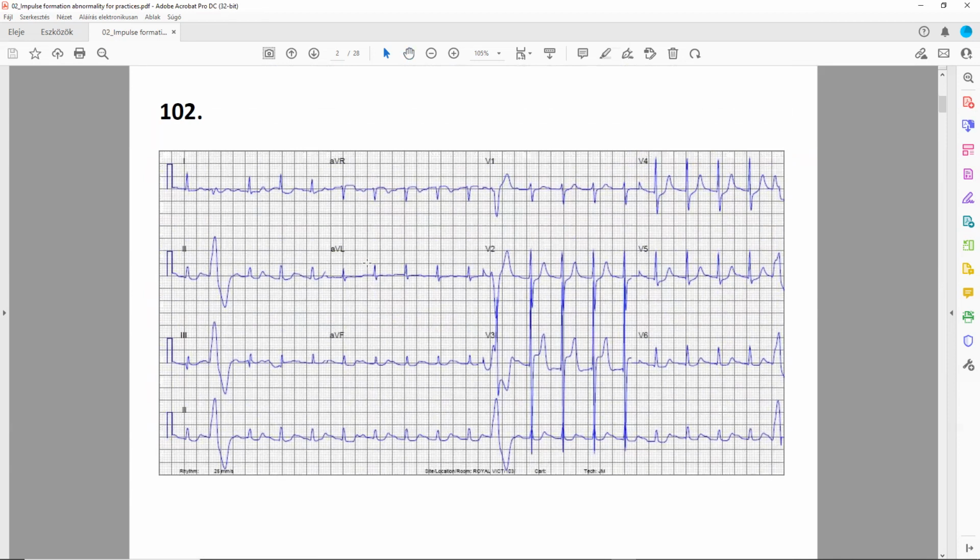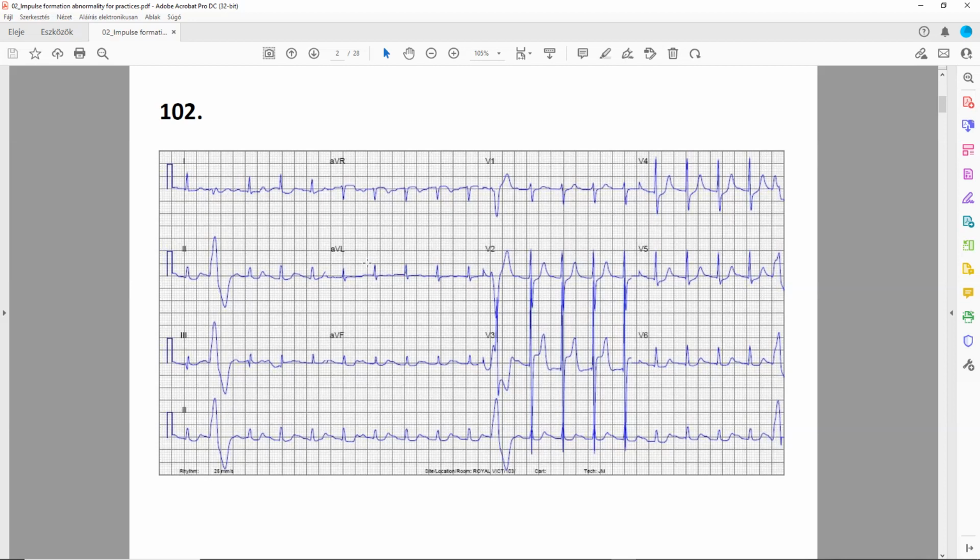Who wants to have this ECG? Anybody can do it. Let's go for it. Doesn't matter how it looks. You will learn. I can try, but I need your help. Try it. It's okay. I'm here to help you.